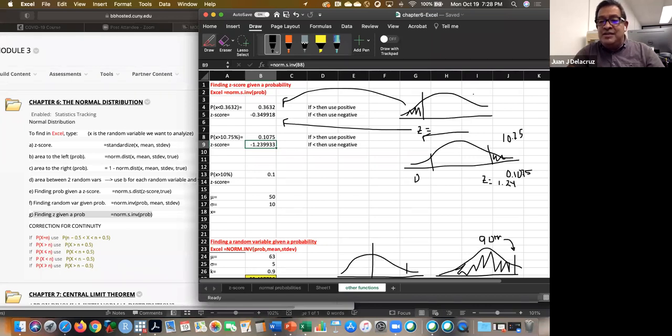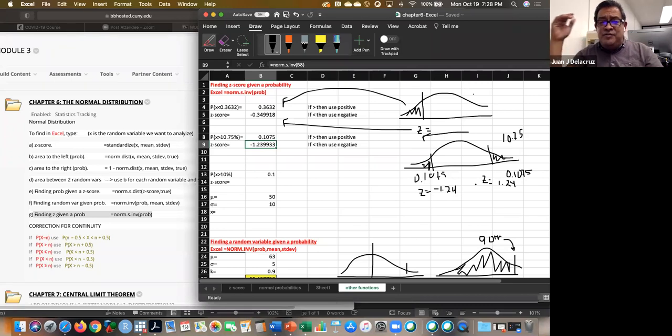So if I have the 0.1075 to the left, right? So that means that this is the area under the curve. That should be the C-score. But remember, this is symmetric. If I have the same area on the other side, it makes sense that if this number is negative, the symmetric for the positive is going to be exactly the same number, but with a positive sign.